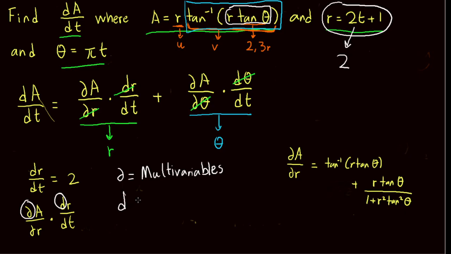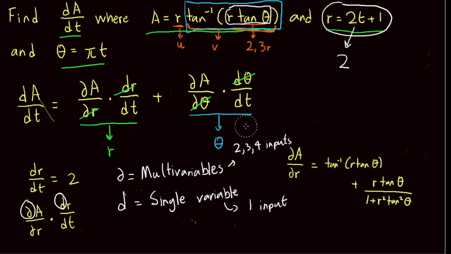But when we use the small d, it's for a single variable, meaning the function only has one input variable. So don't forget to understand the distinction between these two.